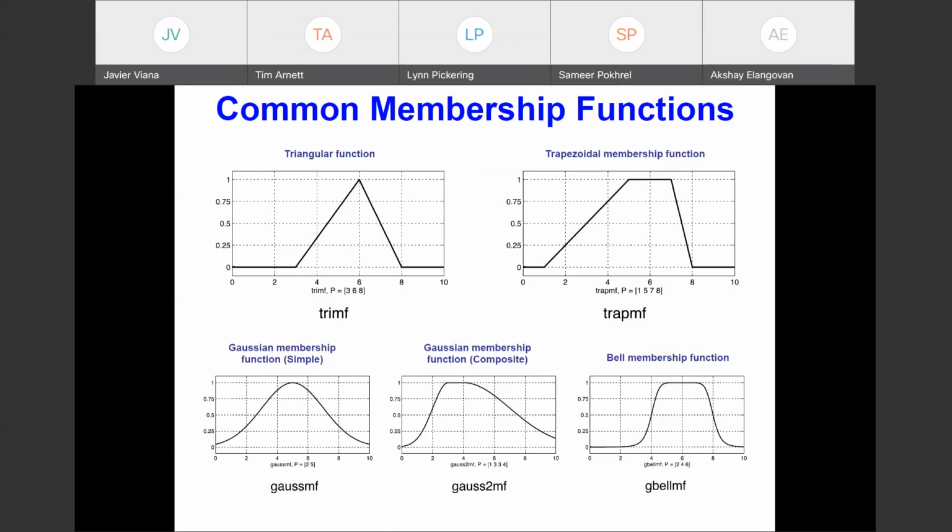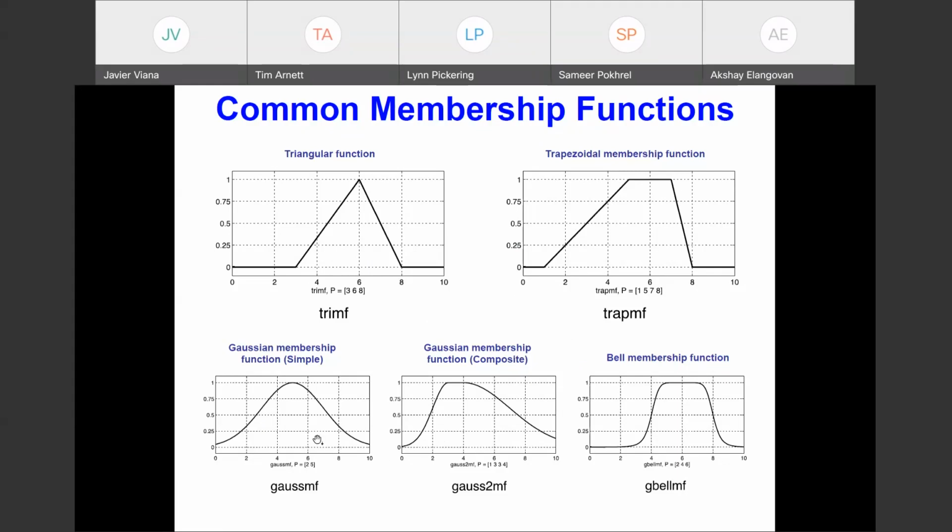And really the type of membership function depends on your problem and the properties that you're looking for. A lot of times you'll see triangular, trapezoidal, or Gaussian because of the properties that they provide. Triangular and trapezoidal tend to be some of the best for learning either clustering or some sort of interpolation type problem.